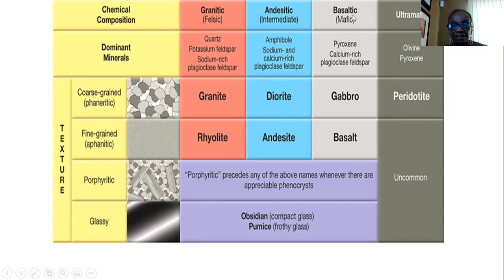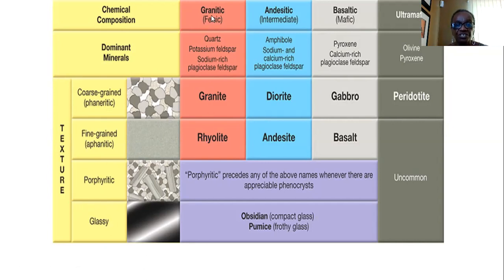This tells us the dominant minerals. Amphibole is written here. That's what we sometimes refer to as hornblende. Pyroxene is augite. Now, if you look at these, this refers to the texture. Granite and rhyolite have the same composition.